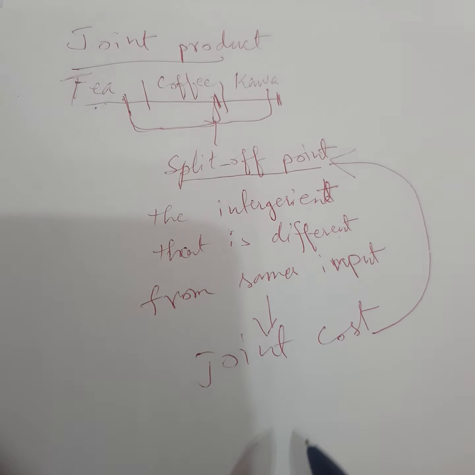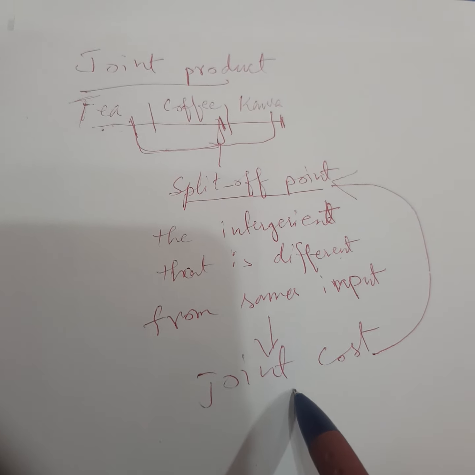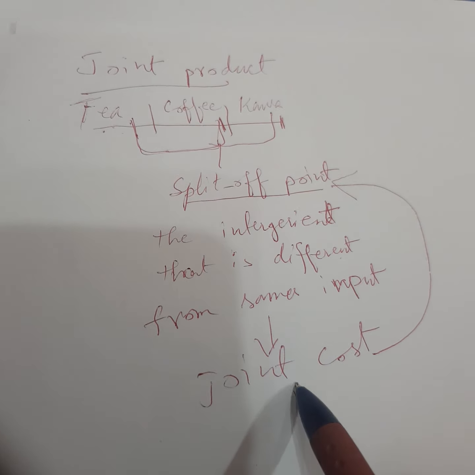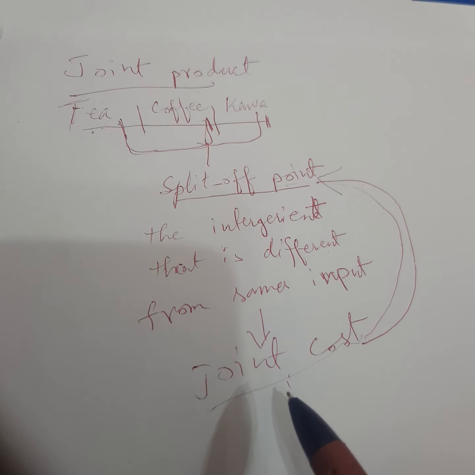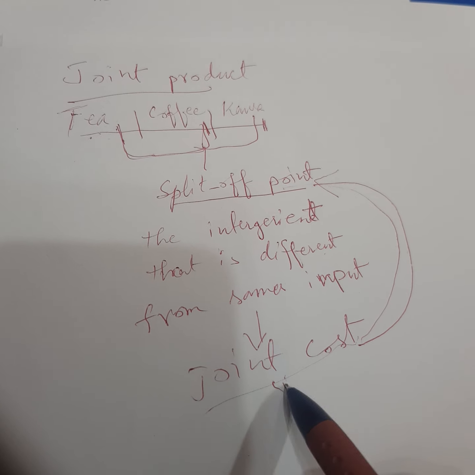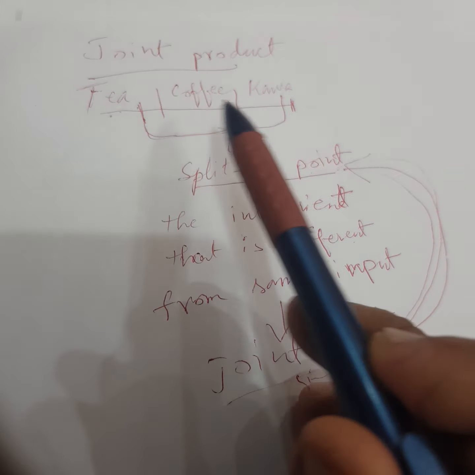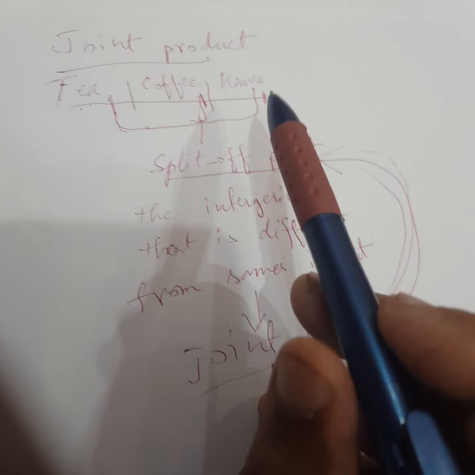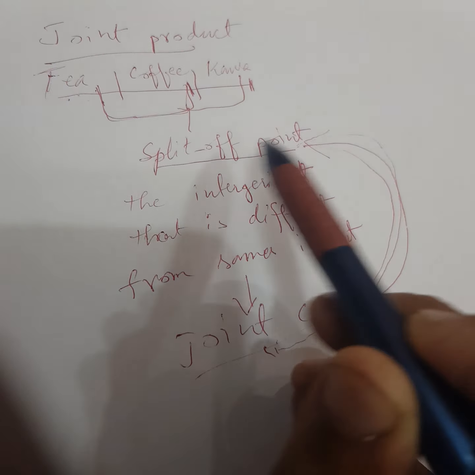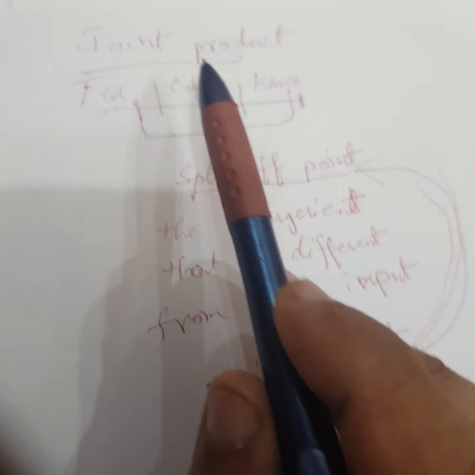For coffee, it is the coffee cost. For kava, it is the tea bag cost. This cost describes the split off point. As joint products are those in which the inputs are the same, but to explain the joint cost, we have to identify the split off point, whether it is a tea bag cost, a coffee cost, or a kava cost. So the cost used to describe the split off point is called the joint cost of joint products.